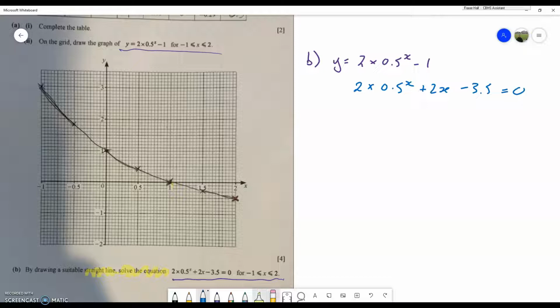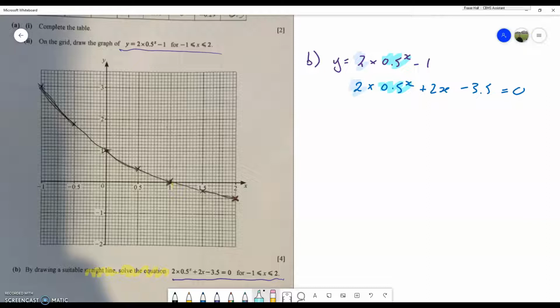So it has some similarities. I might just change the color here. So you can see that the 2 is the same. The exponential is the same, so we're not going to touch that. But then in the original function, we don't have any x.